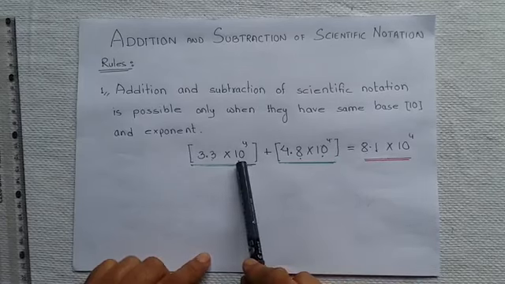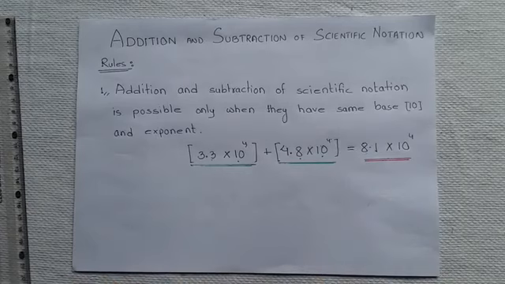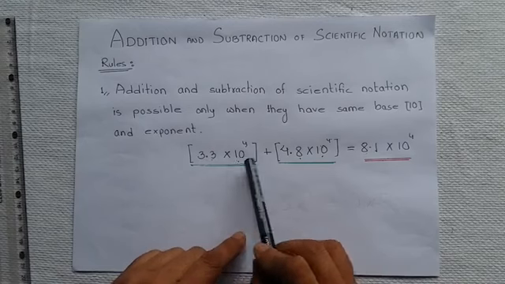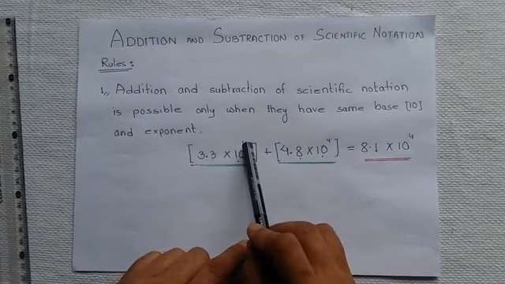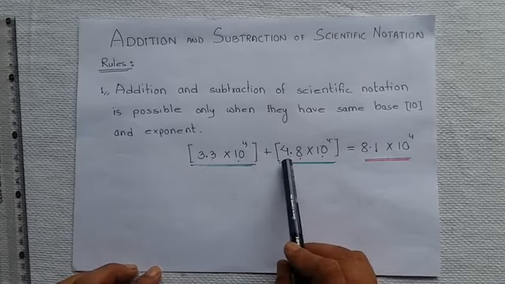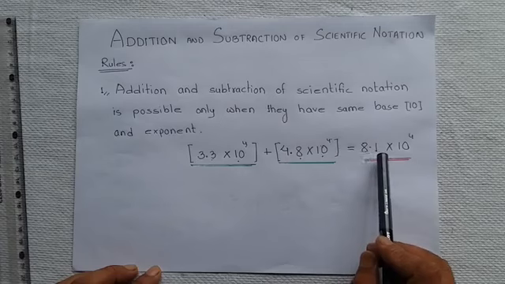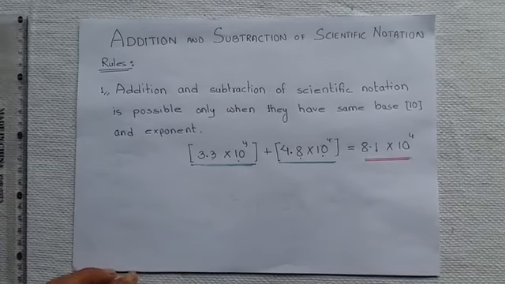Here we have the same base 10 and 10, and they have the same exponent 4. So we just need to add the coefficient. 4.8 added to 3.3 gives us 8.1 times 10 to the power 4.